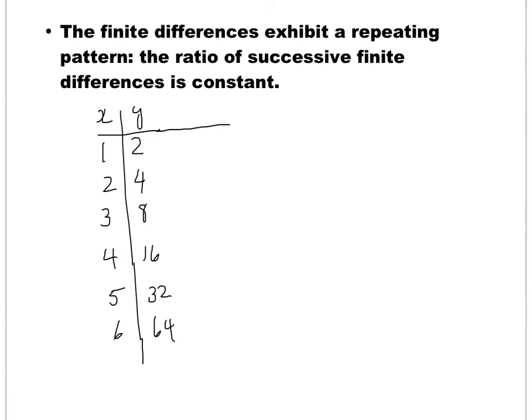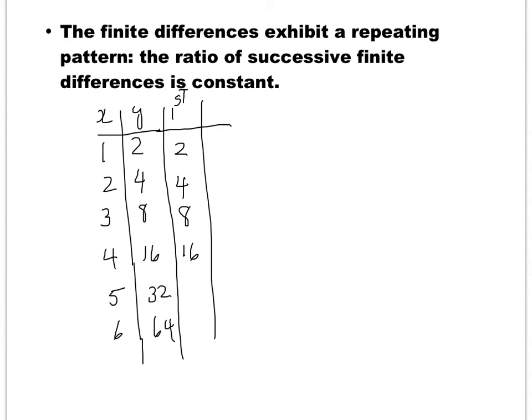If you look at the first differences, 4 minus 2 gives you 2, 8 minus 4 gives you 4, 16 minus 8 gives you 8, 32 minus 16 gives you 16, 64 minus 32 gives you 32.